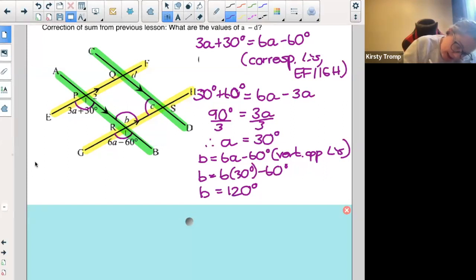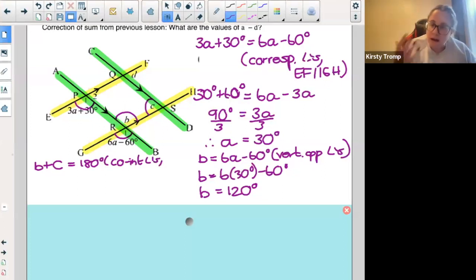So I know that angle B plus angle C is going to give me 180 degrees. How do I know that? Co-interior angles. But why are they co-interior? The reason is because AB is parallel to CD.